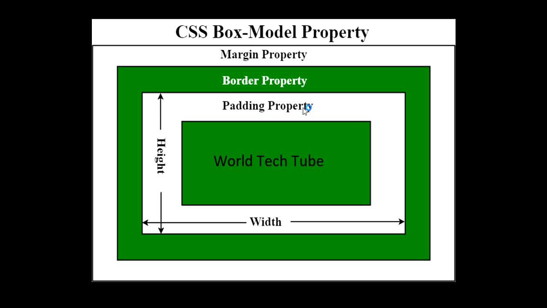Then comes the padding. It includes the element padding. The area is actually the space around the content, and within the border box, its dimensions are given by the width of the padding box and the height of the padding box.